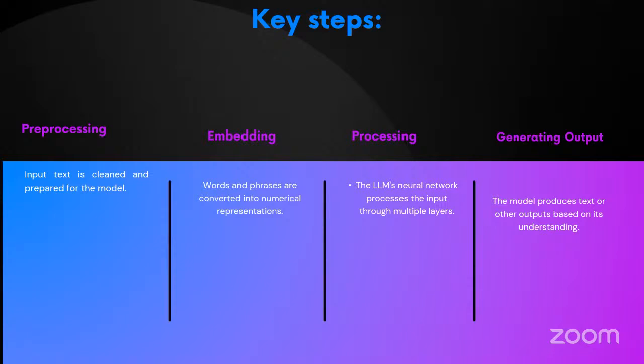The model produces text or other outputs based on its understanding, based on the parameters and the dataset the model has been trained on. It takes the input and, based on the model's understanding, generates the output.